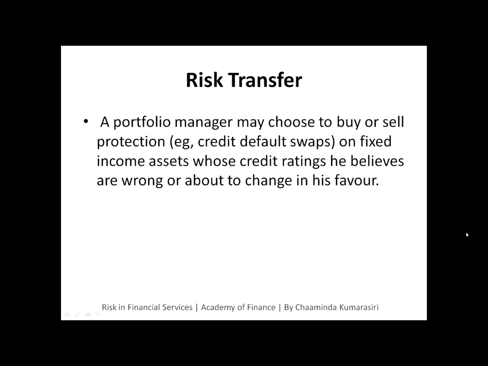You can take protection like a CDS, credit default swap, or maybe another asset. There you might have an assumption that the risk profile of this asset might be different from what we currently hold. So then you transfer.